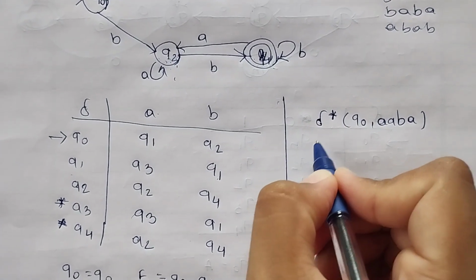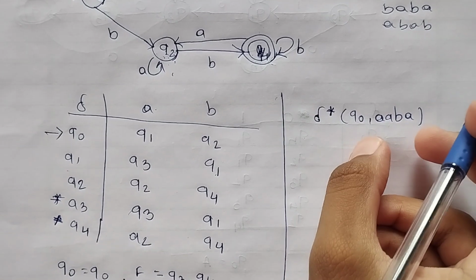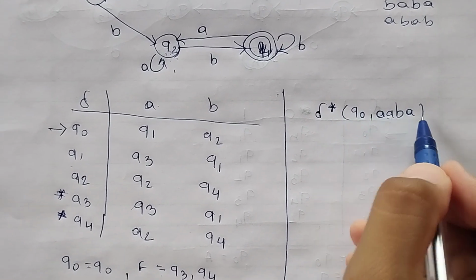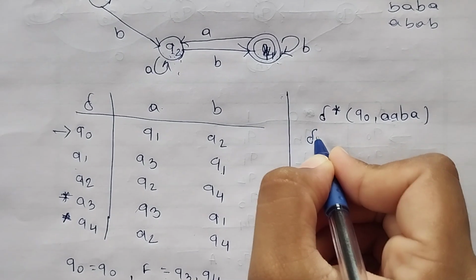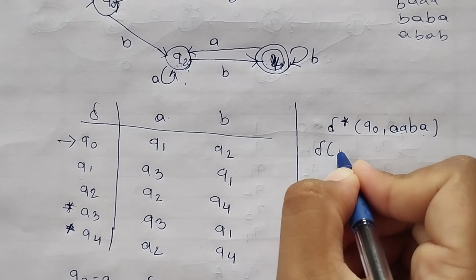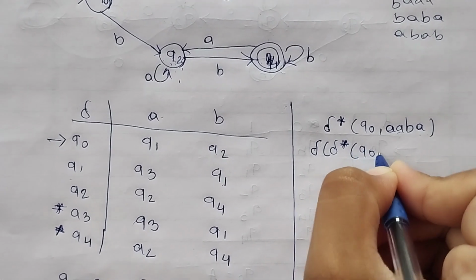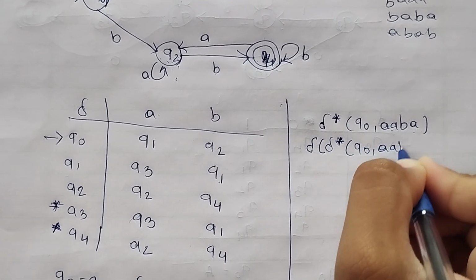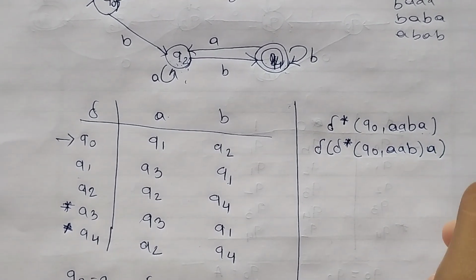Now we separate one variable through this string, and when we separate this, then we write delta for each variable. So delta star, then Q0 A B, and this A is separated, and we complete the bracket.